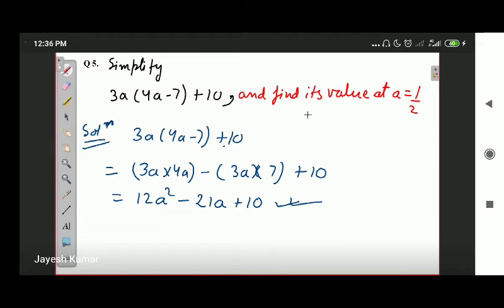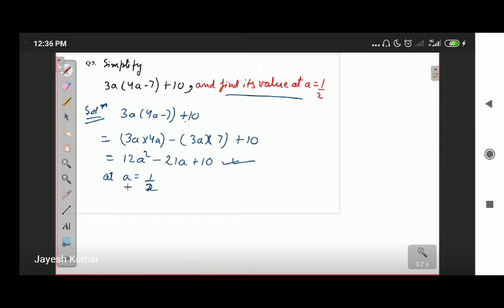Now we have to do its second part, find its value at a equals 1 by 2. When the value of a is 1 by 2, we will substitute it. We will write it as 12 (1 by 2) square minus 21 into (1 by 2) plus 10.